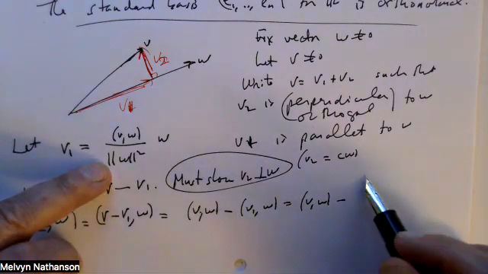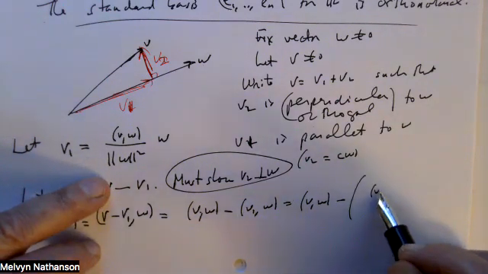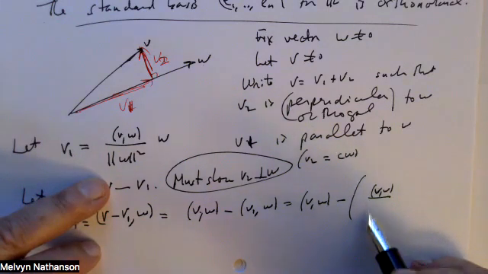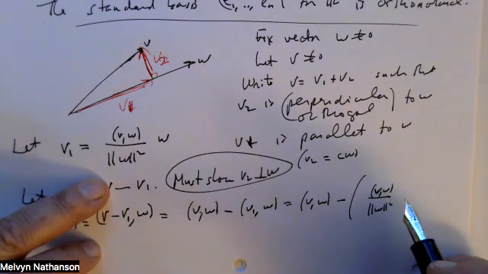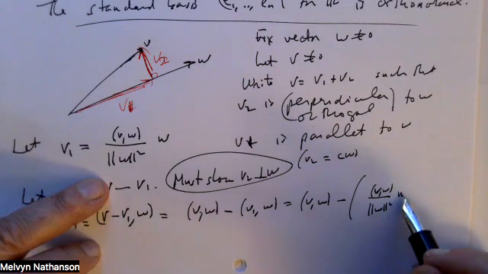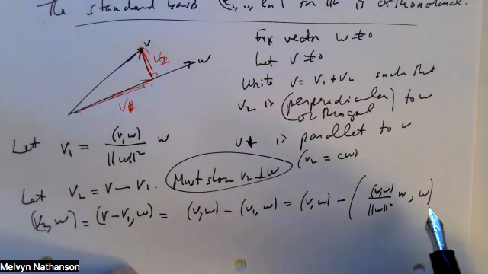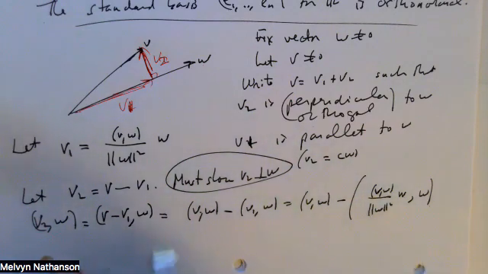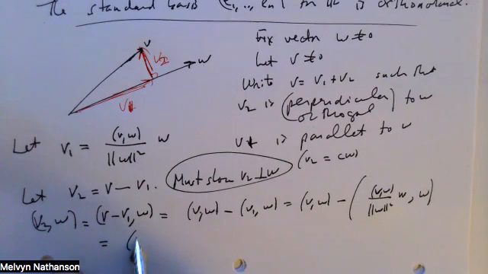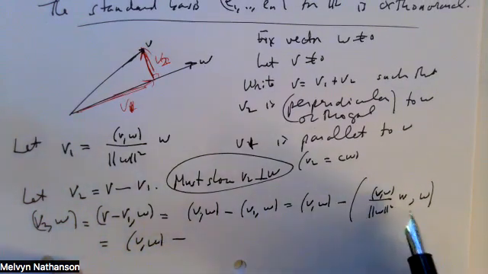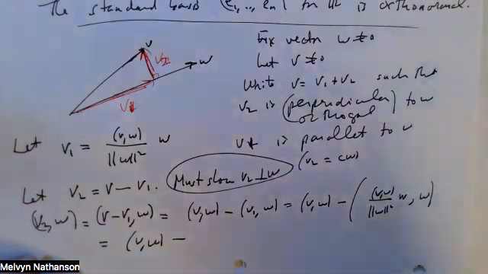V1 is the inner product of V and W divided by the length of W squared, times W, inner product with W. What is this? This is the inner product of V and W minus, this is just a scalar.